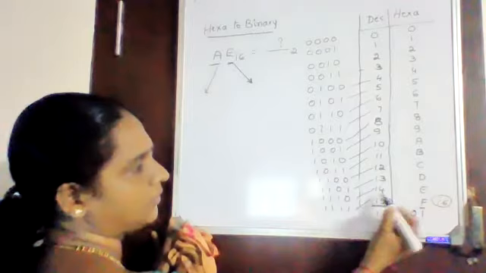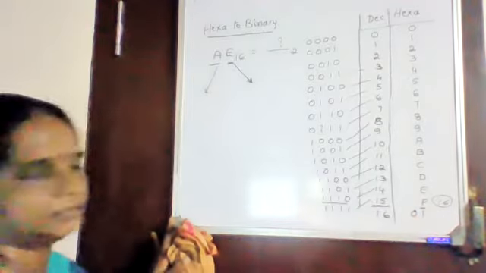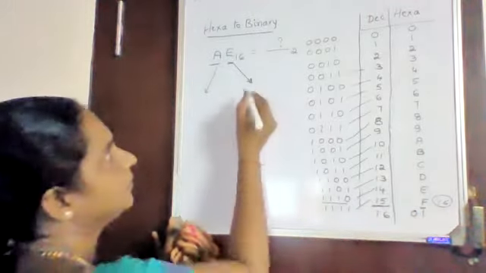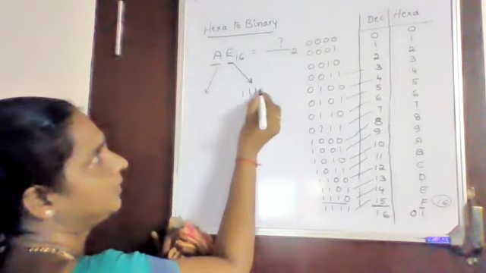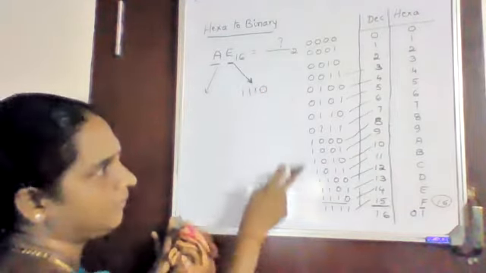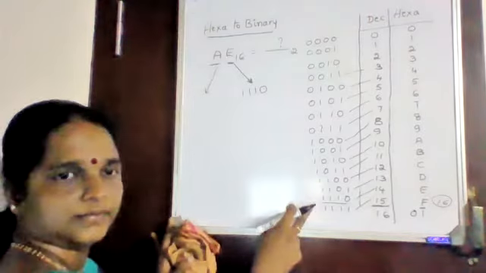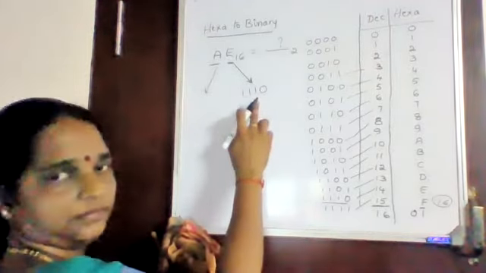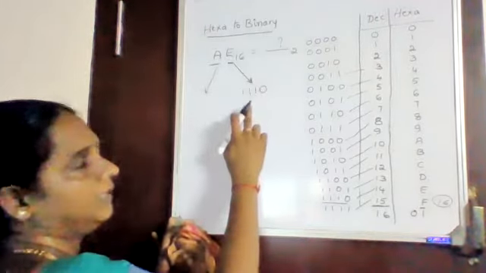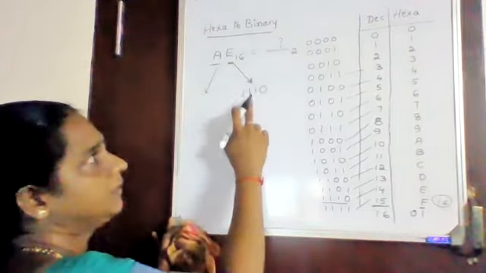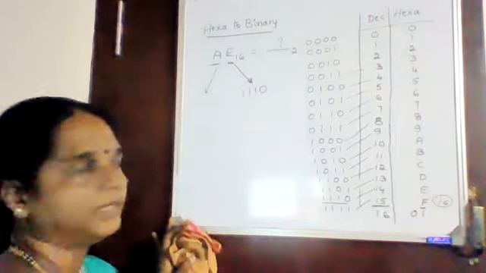See, E is 14, which is equal to 1110. If you are very familiar with this number sequence, you can directly write the equivalent value. So E is nothing but 1110 in binary.